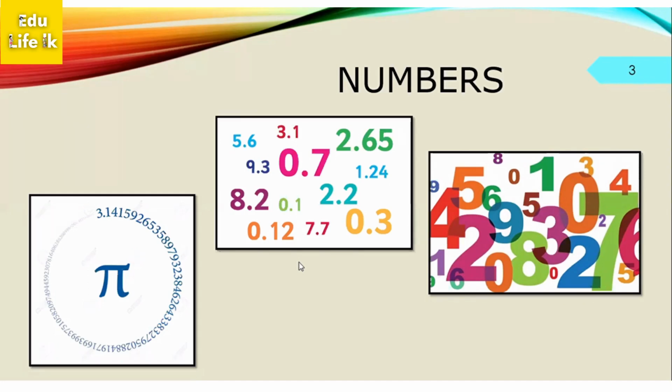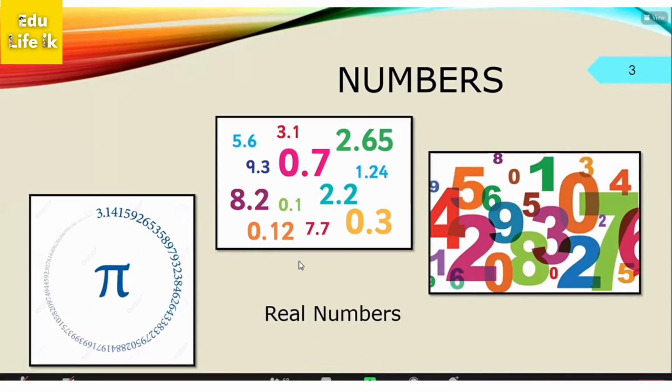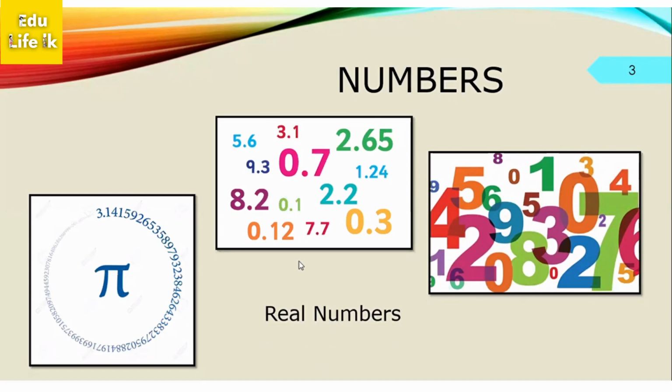Different types of numbers we have learned up to now. All the numbers we have learned up to now are called real numbers. They are actual numbers. Please remember, we call all these numbers real numbers.